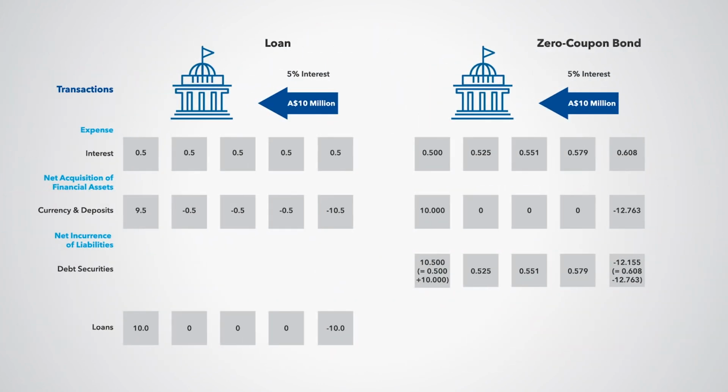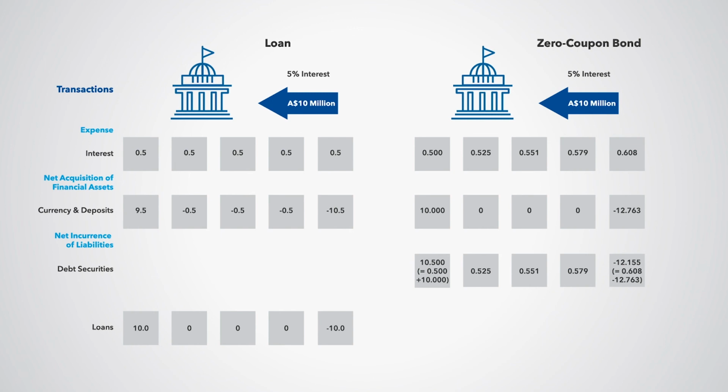In both cases, the government borrowed 10 million Arctica cubes at 5% interest rate and repaid the whole principal amount at maturity. The only difference in the two arrangements was the cash payment schedule for the interest.